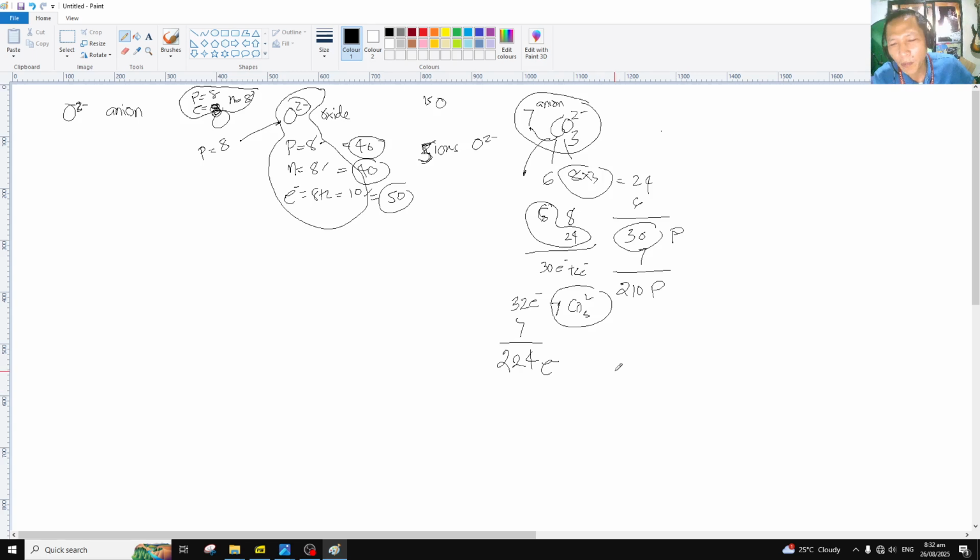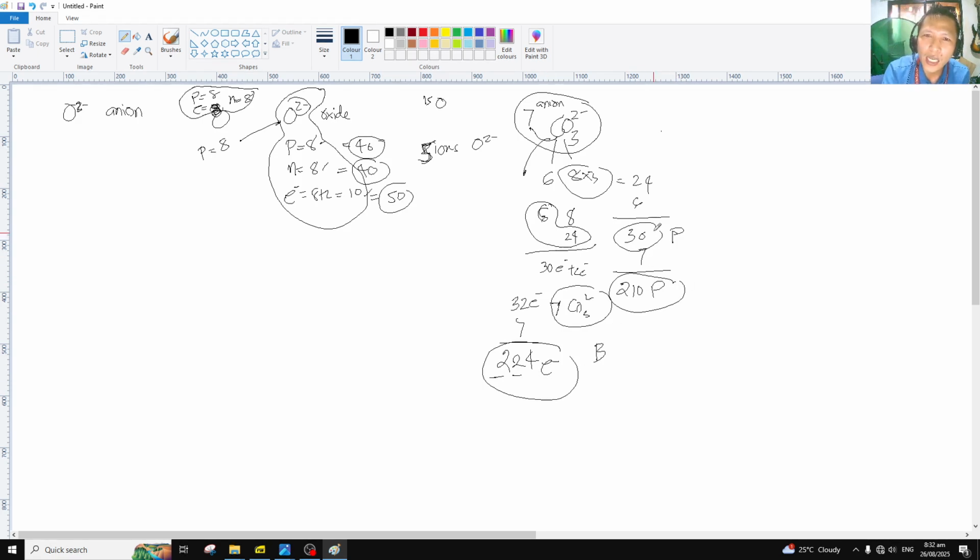If this were a quiz, the answer would be B. But of course, if you count, that is 224 electrons. How about the neutrons? You have 210 protons and 224 electrons.